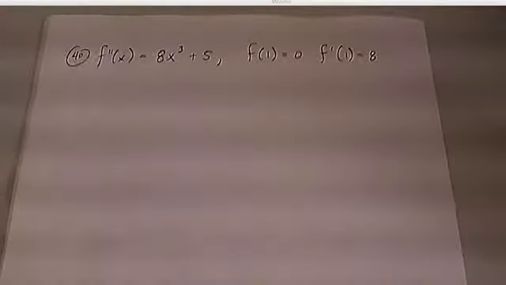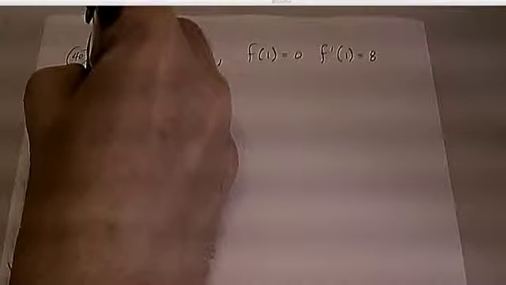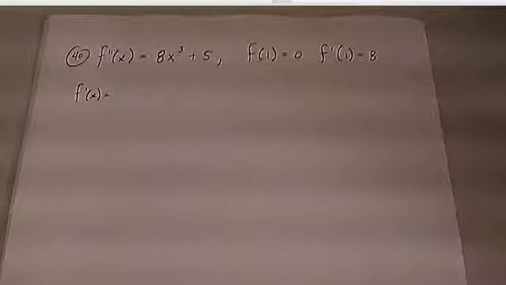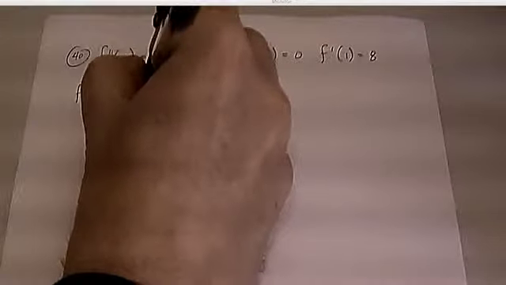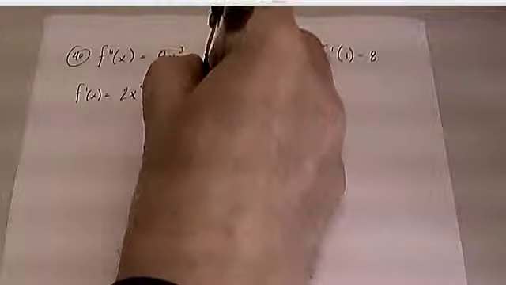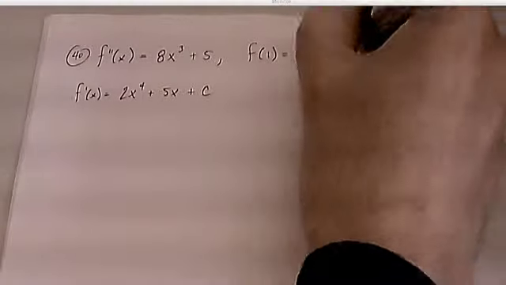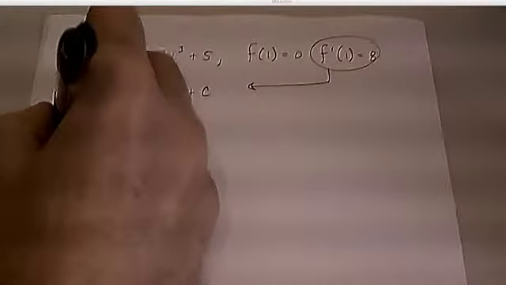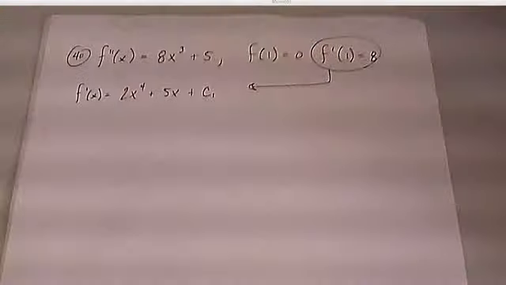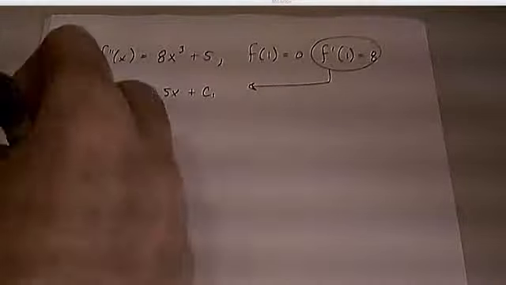Well, let's anti-differentiate once. Now I know that's going to make 2x to the 4th plus 5x plus c. Now I'm going to use this to plug in and solve for that c value, okay? And we'll call that c1 since we're obviously going to be doing it again.